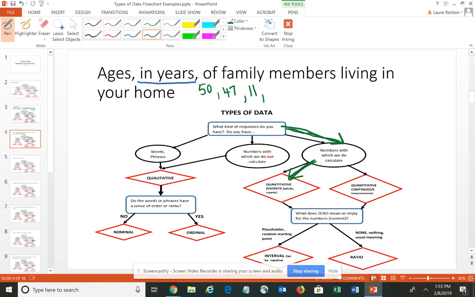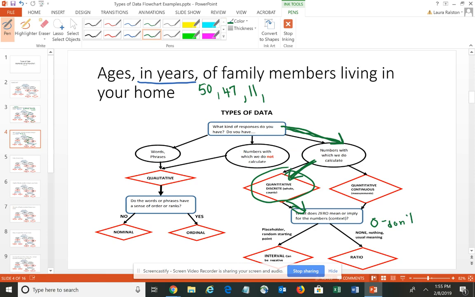Then we want to think about what 0 means. That's the next step. So I've decided it's quantitative, discrete, and then I have to think about what 0 means. Again, it may seem a little weird, but think about it. If a person is 0 years old, at least in my mind, that implies they do not exist.